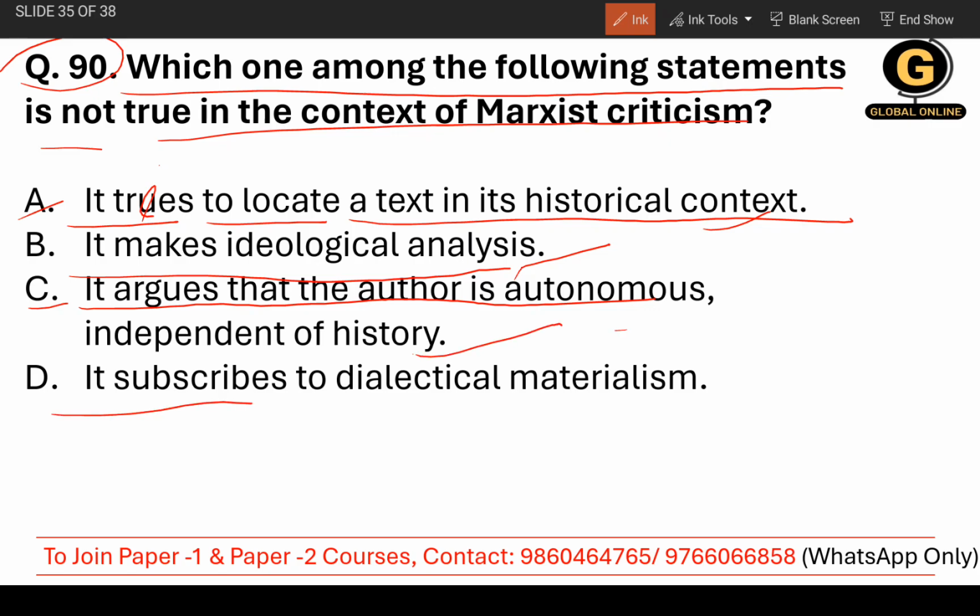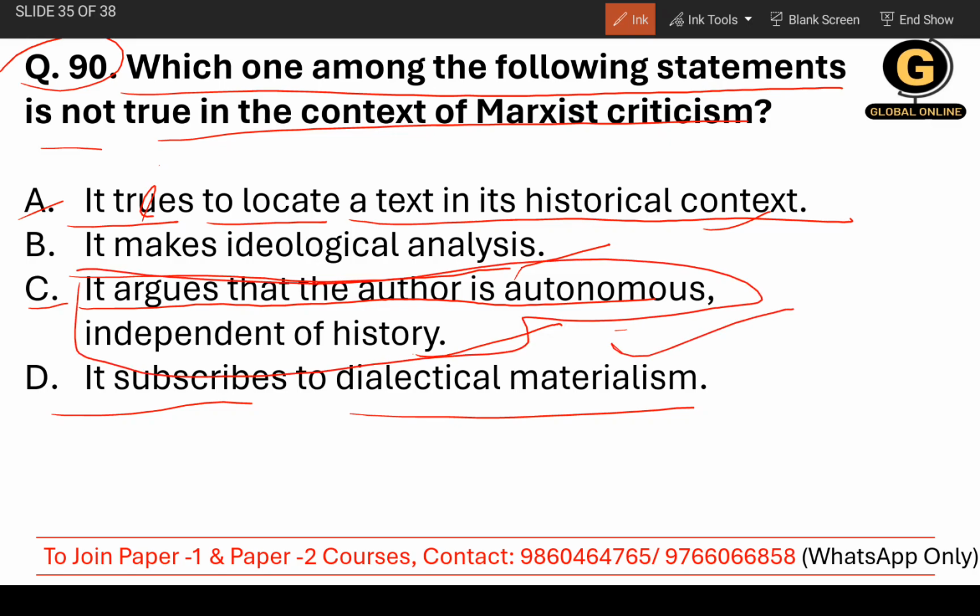And D, it subscribes to dialectical materialism. You need to find out which is not true. Which one is the incorrect one? C, it argues that the author is autonomous and independent of history. Marxist criticism does not say that. Okay, C is the correct option.